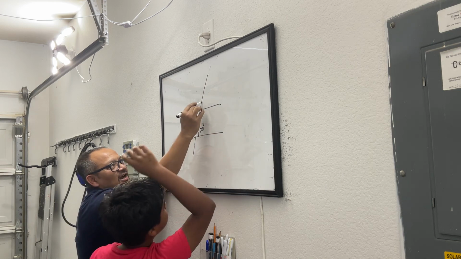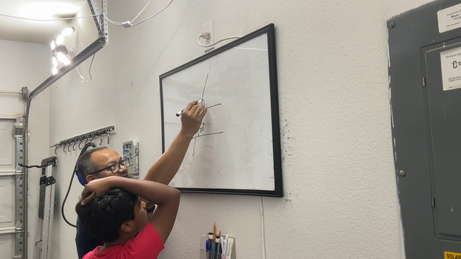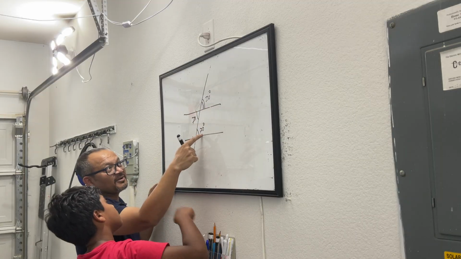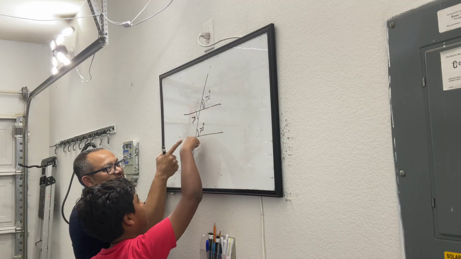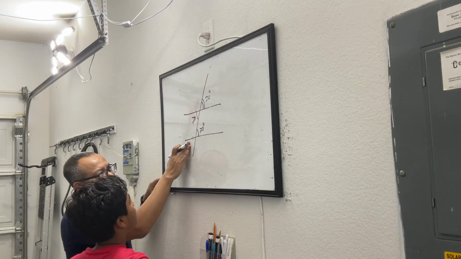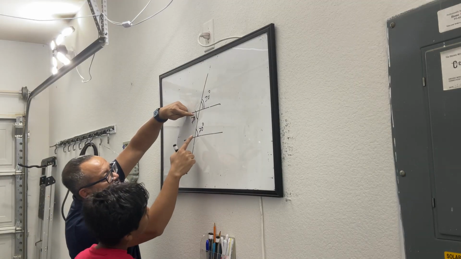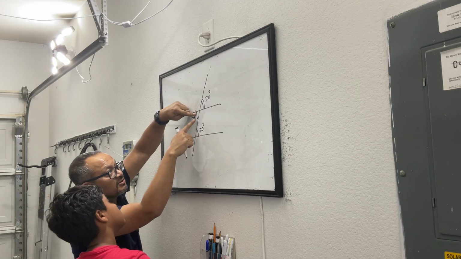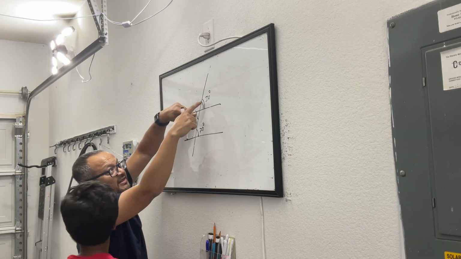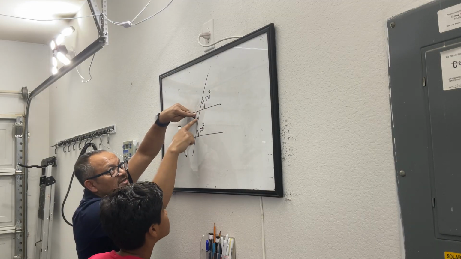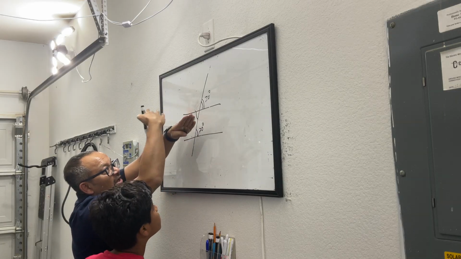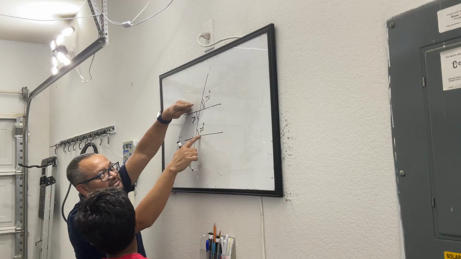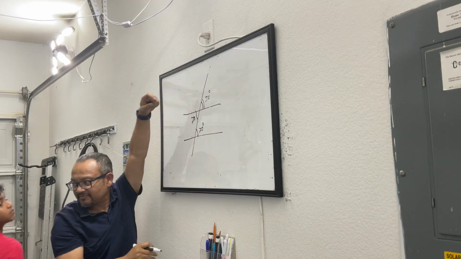These are opposite angles or vertical angles, so this will be 70, and these are corresponding angles, so they'll be the same. That means this one is also 70. I don't want to go there now. Simple. I'm trying to find out if these two angles, which are opposite interior angles, are the same or not. First, this one and this one are the same because they are opposite angles, two lines meeting here. And this one is the same because they are corresponding angles. That means this one will be the same.